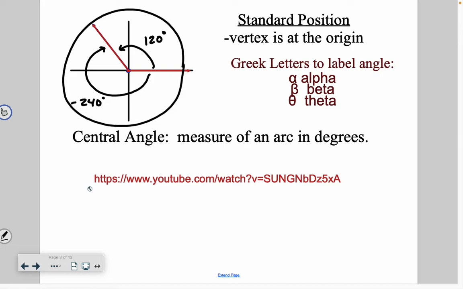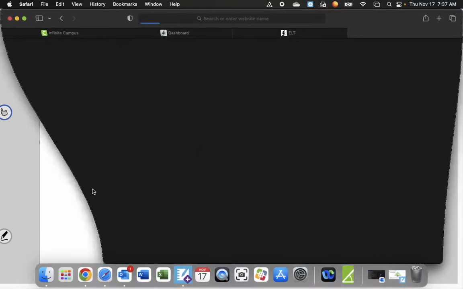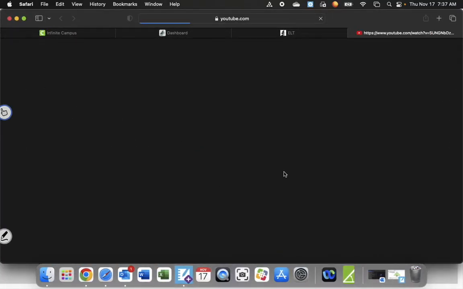Well, this angle measure matches up with that arc right there. If you remember back to geometry, a 120 degree angle is a 120 degree arc. There's a length to that as well. All of this stuff will come back as we get into that. Here's the idea. Let me give you an idea of what this looks like.